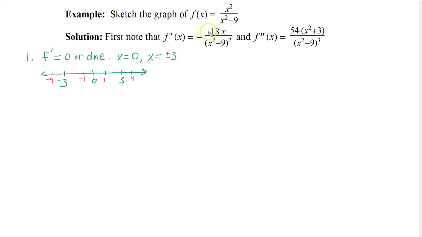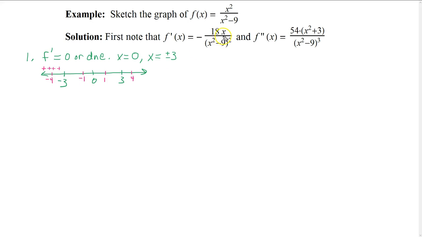This negative will make it positive. Now notice that the denominator is always positive because of the square, so we don't really need to worry about the sign of the denominator. It's always positive. So in the numerator, we're going to get a negative number times a negative number, -4 up here. So that will make it positive.